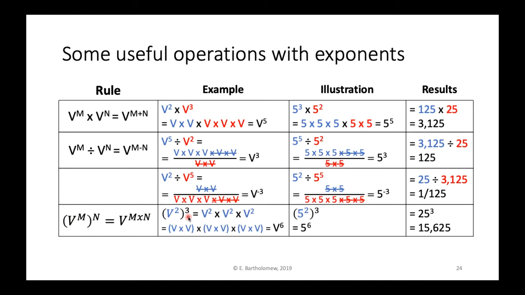Well, v squared being cubed is v squared multiplied by itself 3 times. And each of these v squareds are just v multiplied by itself twice. So if we just sort of lay it out like this, we can see visually that there are 6 v's, so it's v to the 6th, indeed, which is 3 times 2. We can do that with numbers, and we can plug that in and verify that we get the answer shown here.